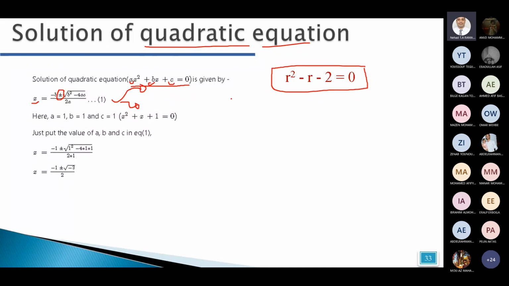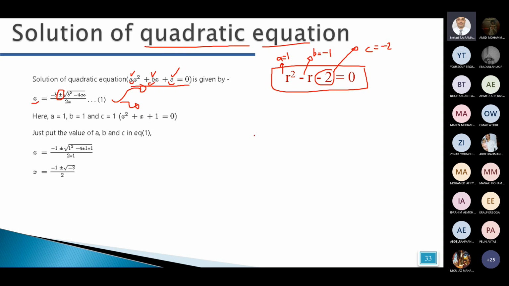To solve it, I need to identify what A, B, and C are. A equals 1. B equals minus 1. C equals minus 2.